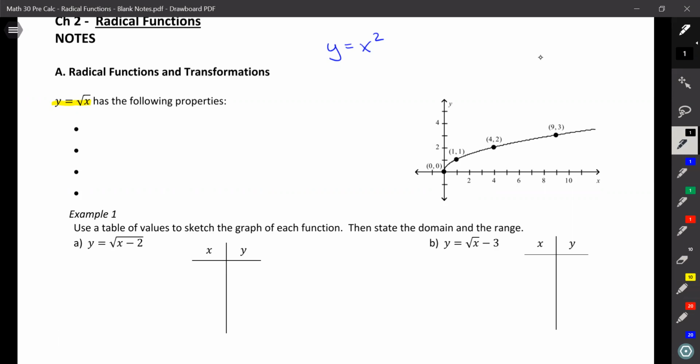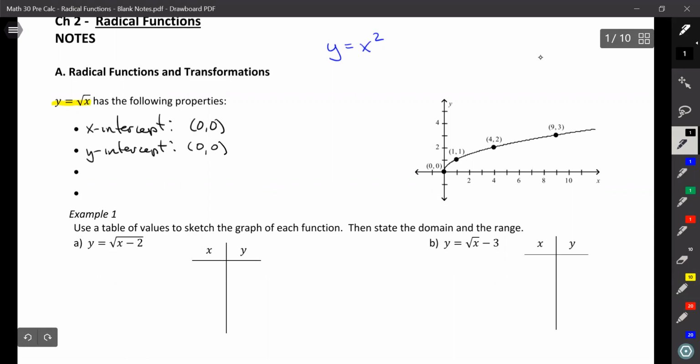If we take a look at this one, first the x-intercept is (0, 0). The y-intercept is also (0, 0). So that's this point right here. That's your x and y intercept.